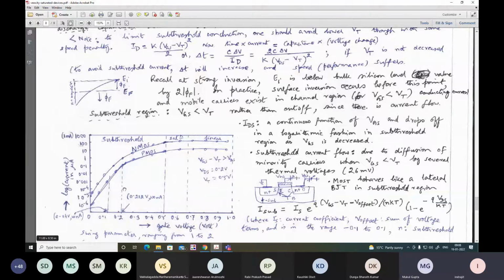Now the physical reason for this current, again, my knowledge of semiconductor physics is very limited. What we can say is that this happens because a sizable number of Boltzmann distributed carriers, electrons, start moving about, even though in weak inversion, and they start moving from source towards the drain.